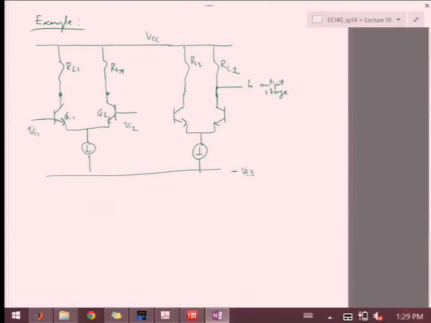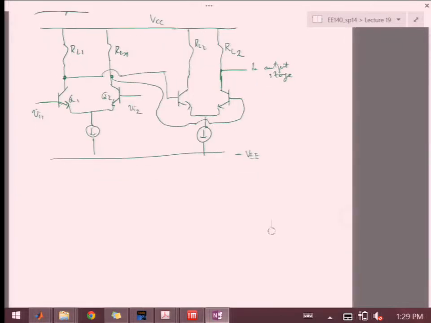And then we're going to take this one and feed it around to this gate. And then the other one will go here. And we're going to say these are, let's say, Q3 and Q4.